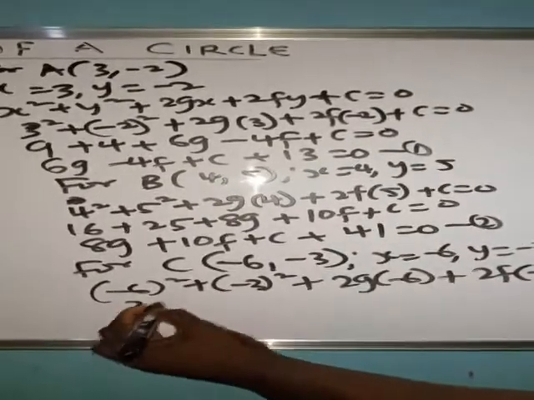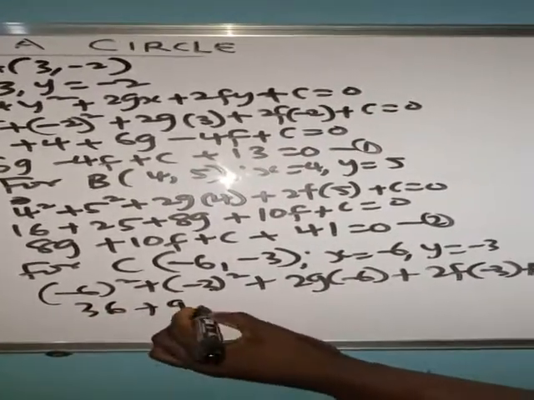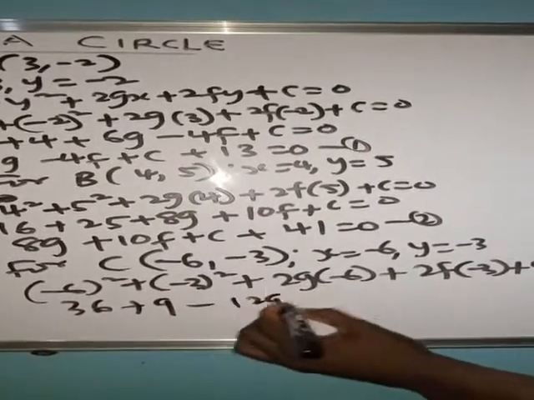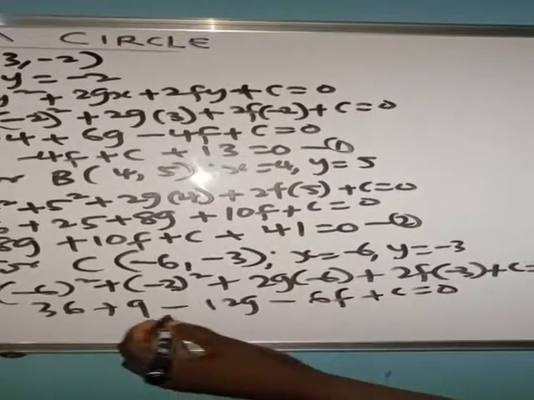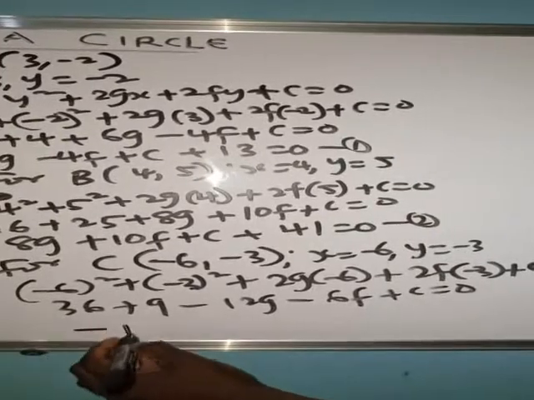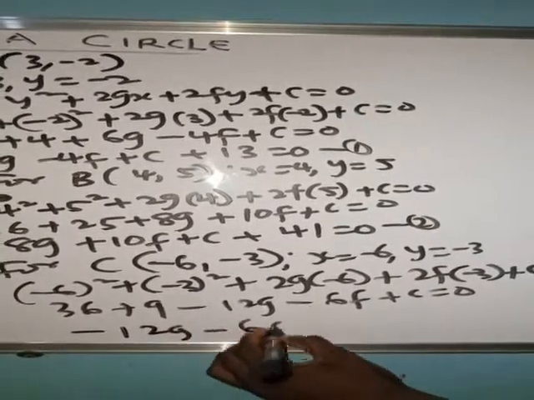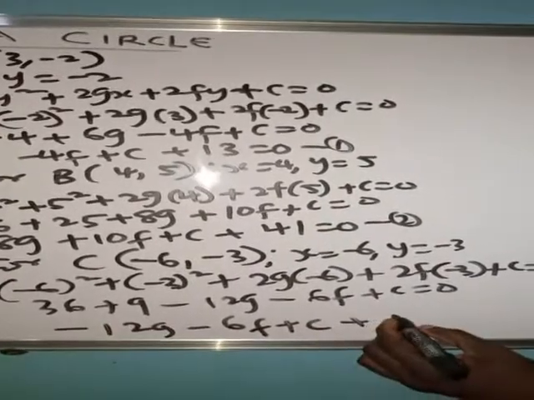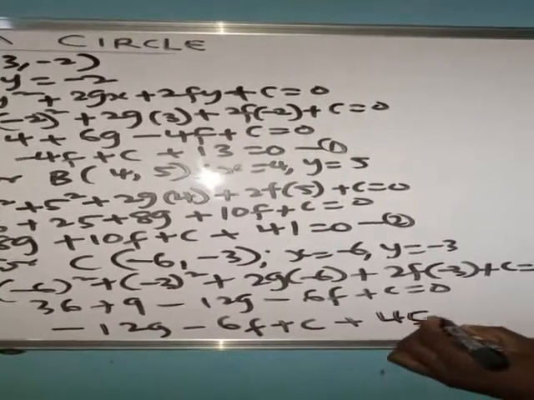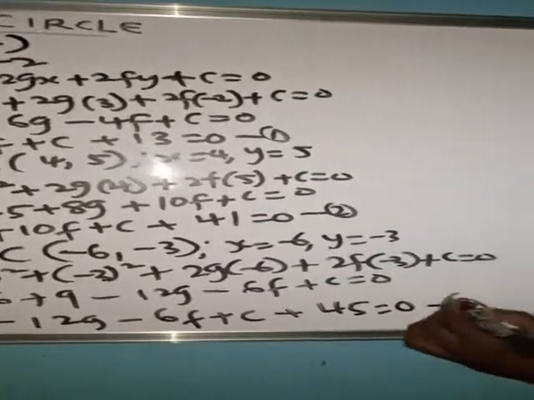This is 36 plus 9 minus 12g minus 6f plus c is 0. So we have minus 12g minus 6f plus c plus 36 plus 9, that's 45, is equal to 0, equation 3.